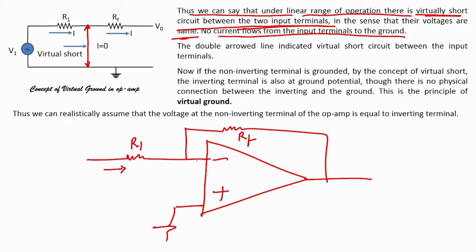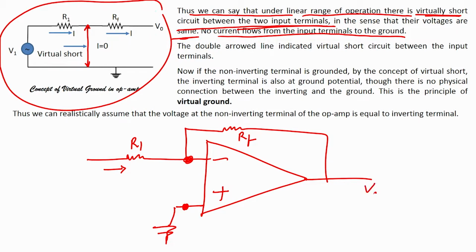Now, what we are saying is this particular terminal will be similar to this terminal because of the concept of virtual ground. This is what the circuit is. Okay. So, there is a virtual short.